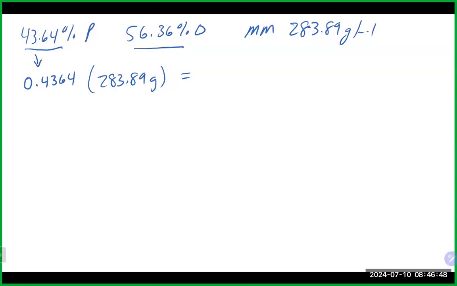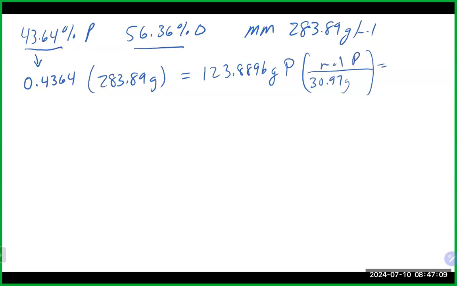So if we take 0.4364 times 283.89, we get something like 123.8896 grams of phosphorus. If we divide that by the molar mass of phosphorus, which is 30.97 grams per mole, we will end up with 4 moles of phosphorus.